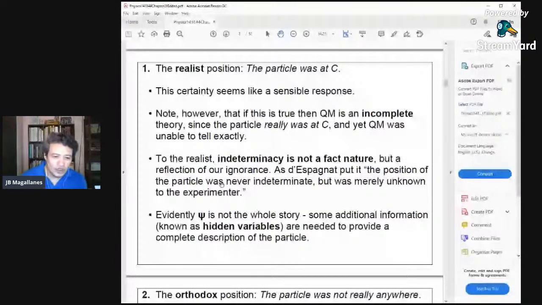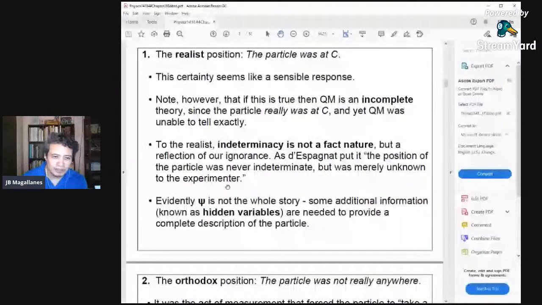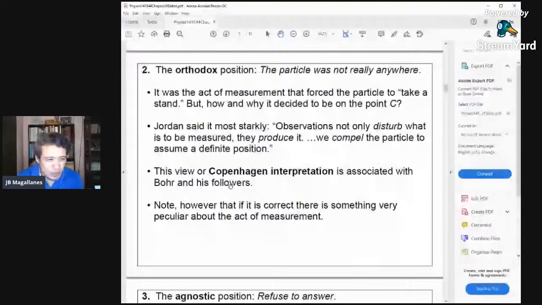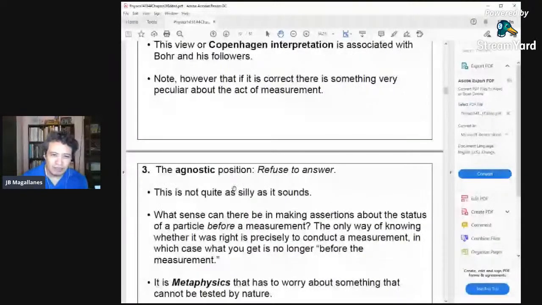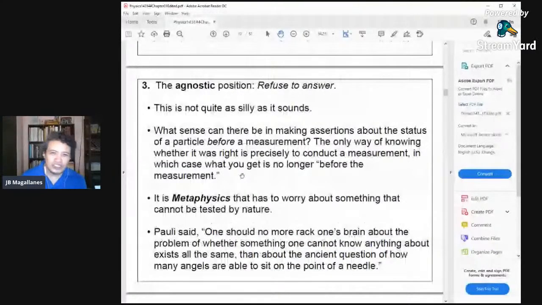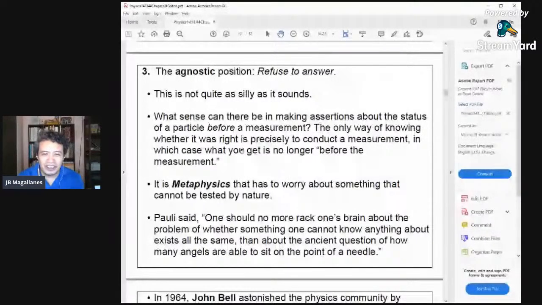Then you have an orthodox position that the particle was not really anywhere. It was the measurement that produces that particle at C. And then you have an agnostic position, which is to refuse to answer the question.